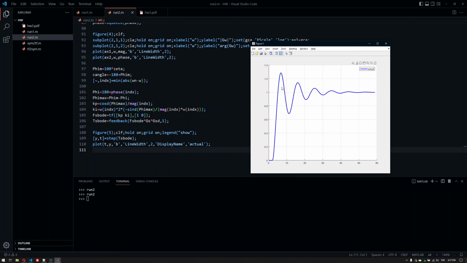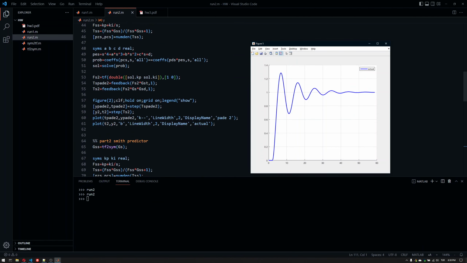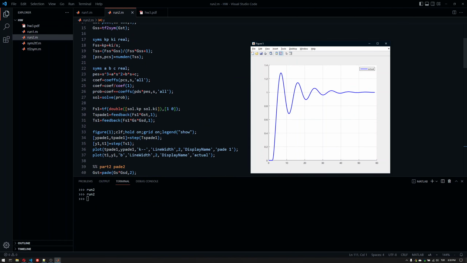Now you can see this doesn't really satisfy our zeta or overshoot value here. So that would mean that we have too much of a phase margin, or even less, depending on the situation. So what would happen? Let's see what the settling time is. It's 20.